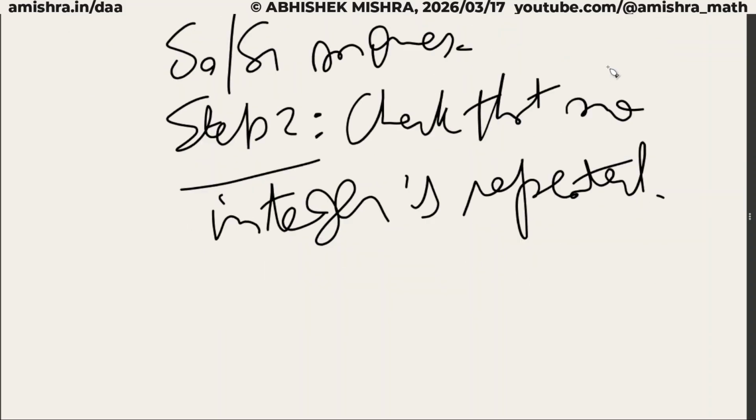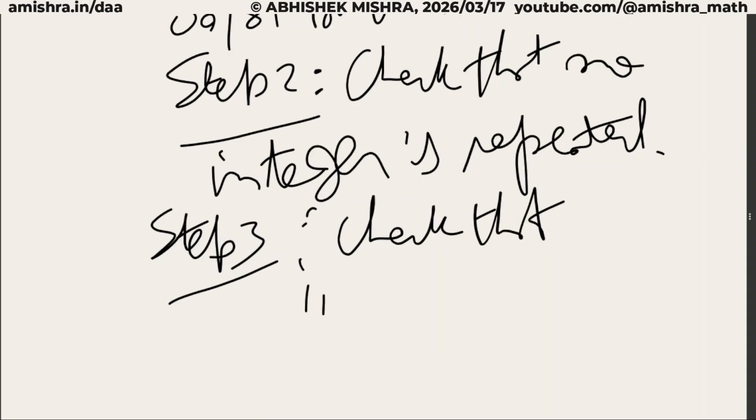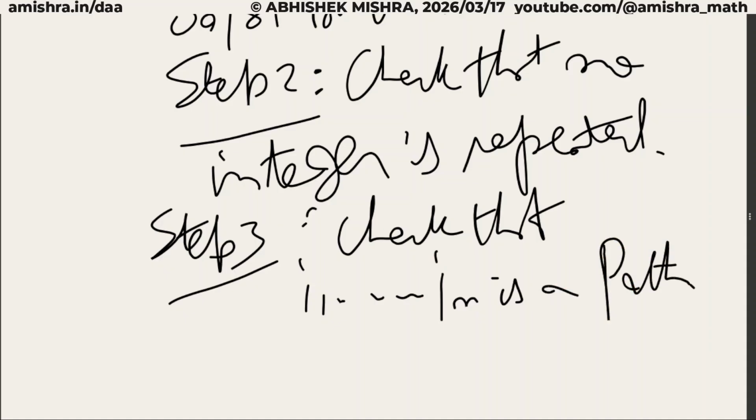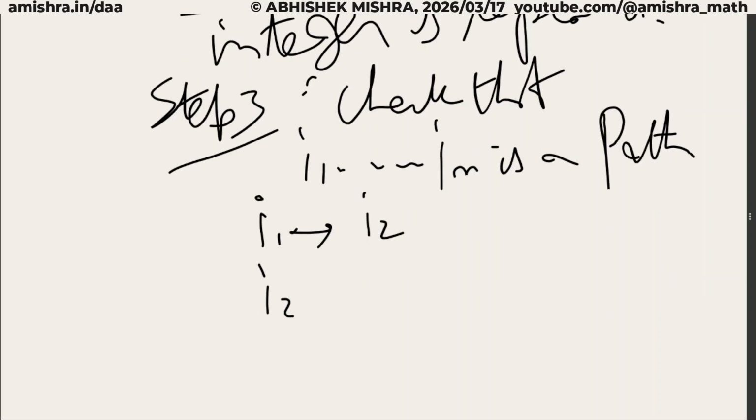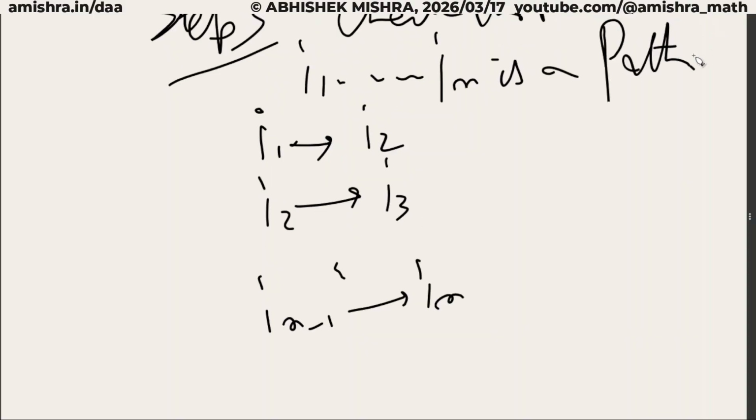Step 3: check that the sequence I1 to In is a path. So we should have edges. We should check that from I1 to I2 we have a directed edge, and this continues from I2 to I3 and so on up to In minus 1 to In. All this checking we can easily do.